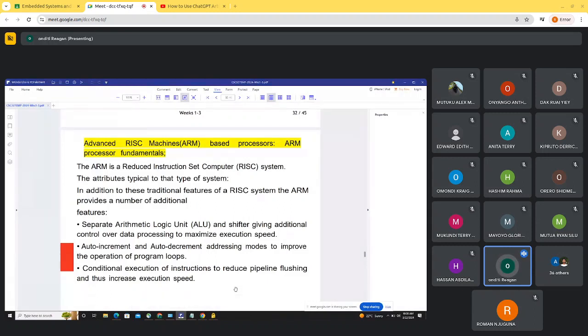There is what we call conditional execution of instructions, basically to reduce pipeline flushing and thus increase execution speed. So what do you understand by pipeline flushing? Pipeline flushing is a scenario whereby there are instructions, so assume you have an instruction which is, for example, 12-bit. This instruction is less than what needs to go in.